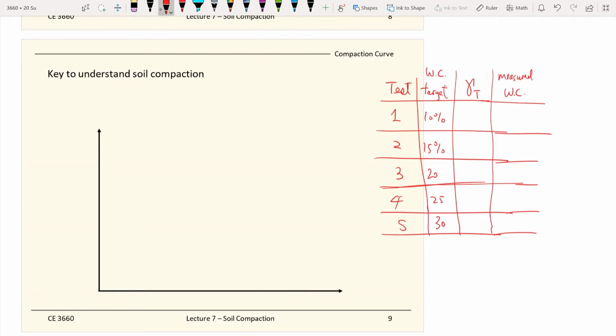At the end of the day, you get your measured water content. Then you can use that number to calculate the dry unit weight. Remember from our phase relationships back in lecture one, the dry unit weight equals your total unit weight, which you calculated, divided by 1 plus the measured water content. So that gives you your dry unit weight.